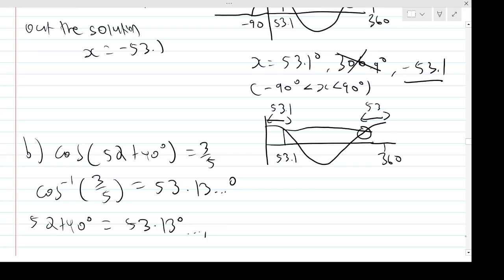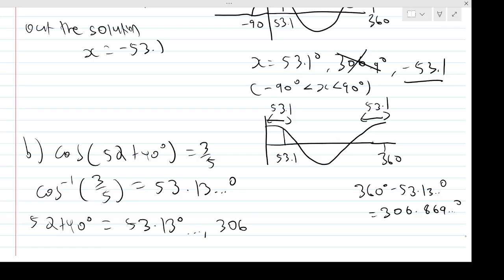That same gap is 53.1. So that means the next solution is 360 take away this 53.1. Which, if I put that in the calculator, the next solution would be 306.869 blah blah blah degrees. So if I write that down here to my list of solutions, there we are.